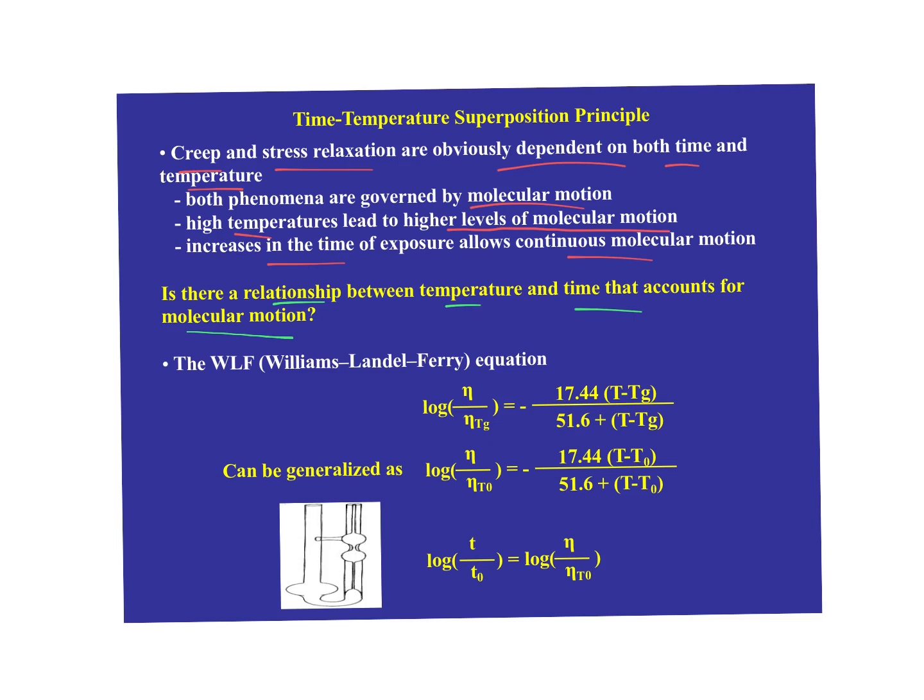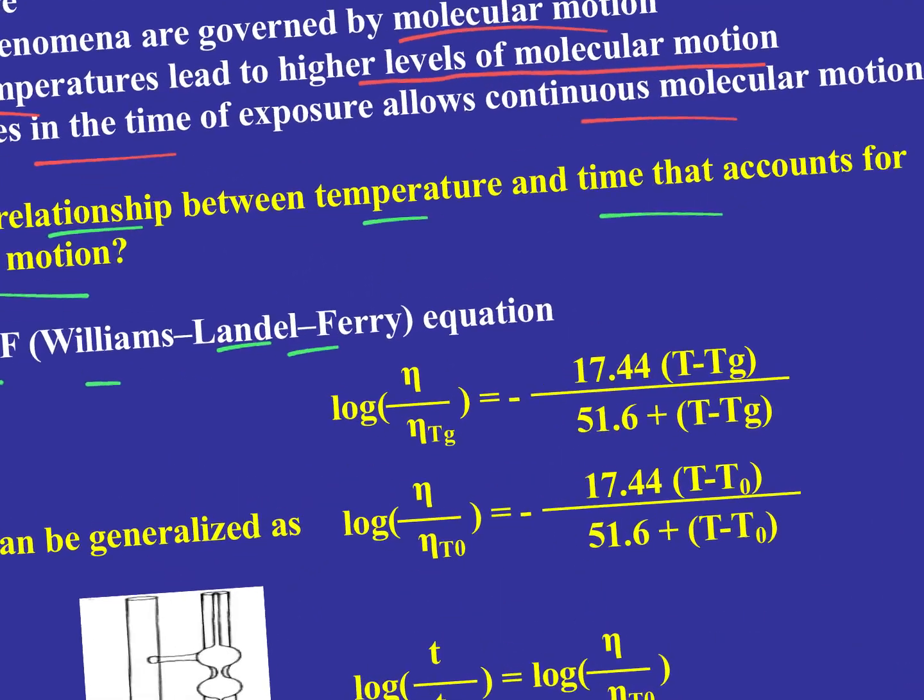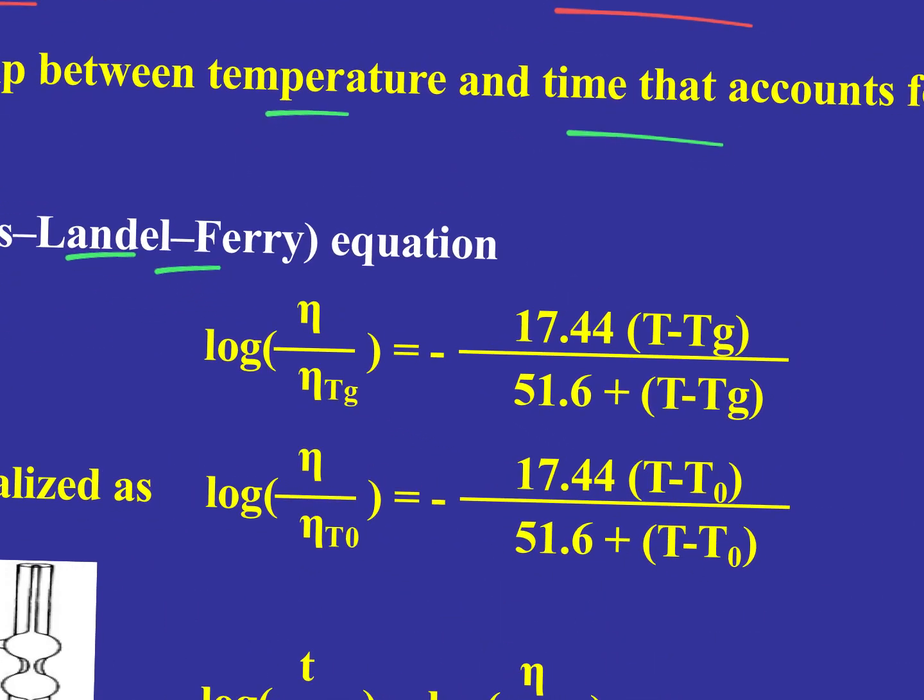Yes and no. What we have to try to fill in that gap is what's called the WLF, or Williams-Landel-Ferry equation. In this context, we find that the log of viscosity, or eta, at any given condition, the log of the ratio of that versus the eta value at the glass transition point itself, is going to be equal to this entire equation on the right-hand side: 17.44 times the difference in temperature, so the delta T above Tg.